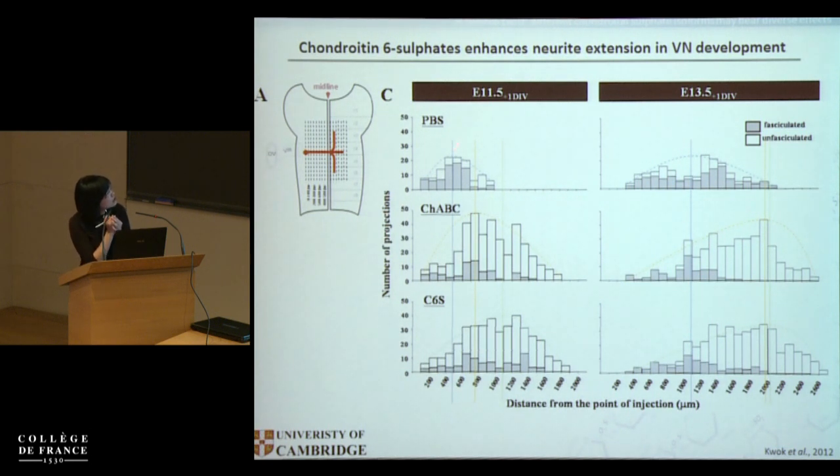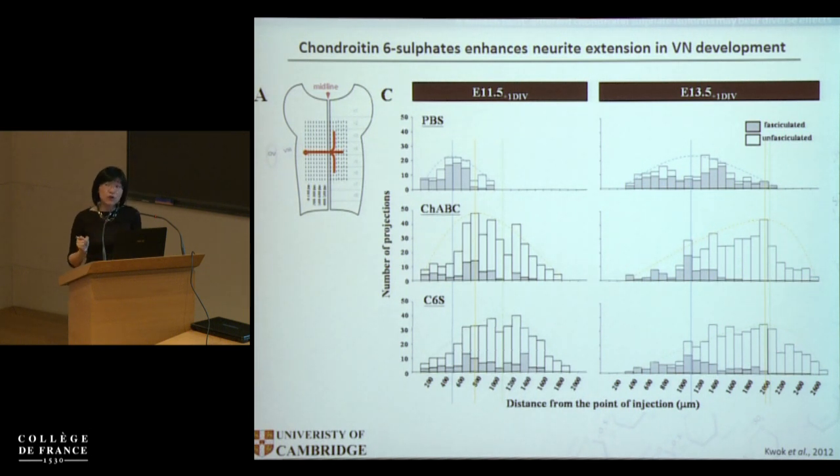The blue line corresponds to the median of the PBS injected embryos, the yellow line corresponds to chondroitinase treated embryos, and the 6 sulfate injected embryos are indicated by the green line. As you can see at 11.5 days, the chondroitin 6 sulfate injected embryos are projecting a lot longer neurites than the chondroitinase treated embryos, and in the later stage it is similar.